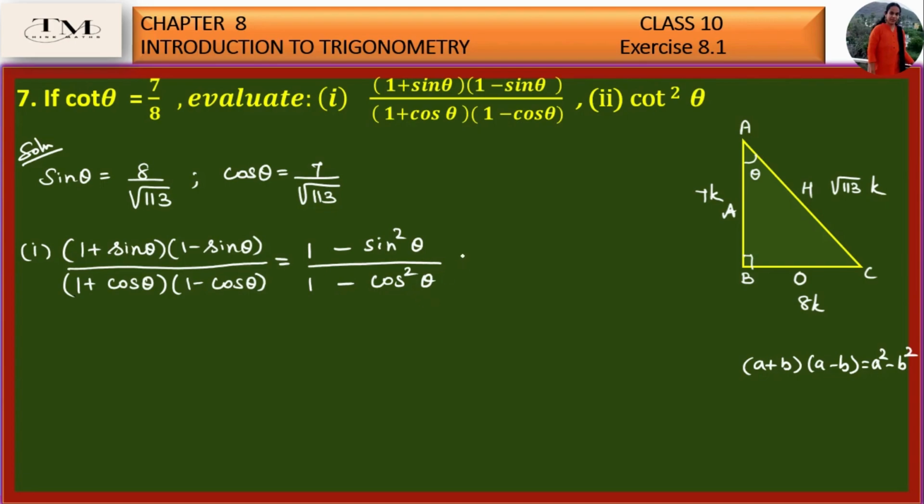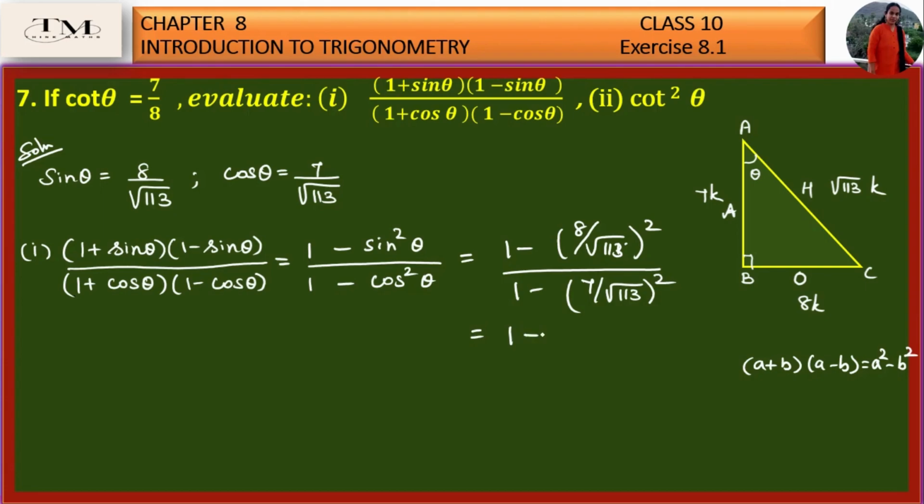Let us substitute this value. 1 minus, what is sine theta? It is 8 divided by root 113 whole square, divided by 1 minus, what is cos theta, 7 divided by root 113 whole square. Cos square theta is nothing but cos theta whole square.